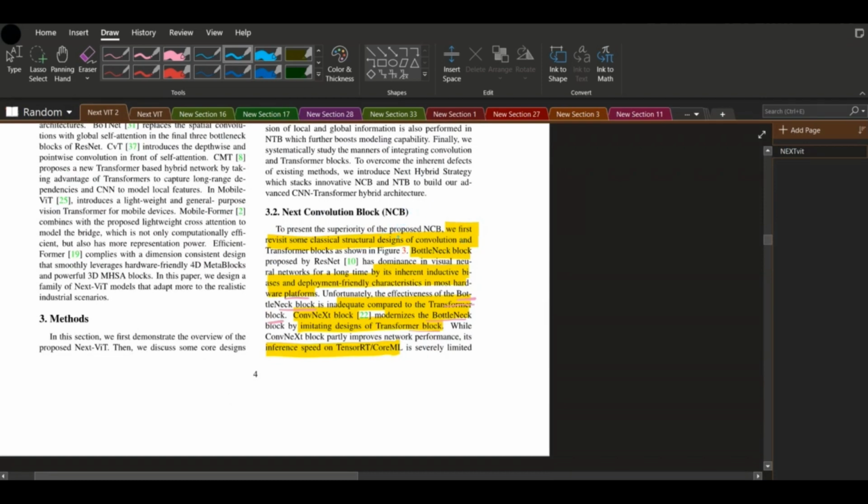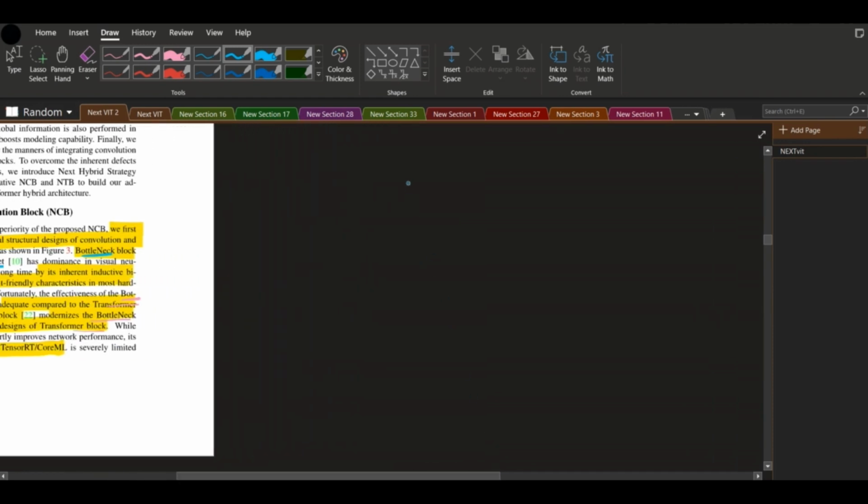So what the author did was to revisit some of the classical structural design, one of them being the bottleneck block proposed by ResNet. So what is this bottleneck block? You can think of it as we have some sort of input feature map, right? And then we pass this towards a 1 by 1 conv layer.